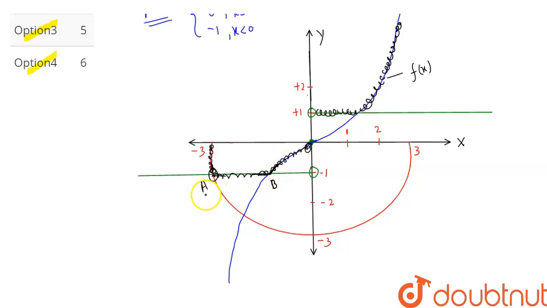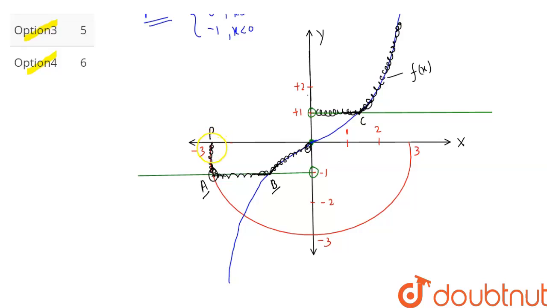So the function is continuous but not differentiable at the point A, at the point B, and also at this point C, where the function has a sharp edge, and hence it will be continuous here but not differentiable. Also, let us say this is the point P. Here the function is continuous but not differentiable.